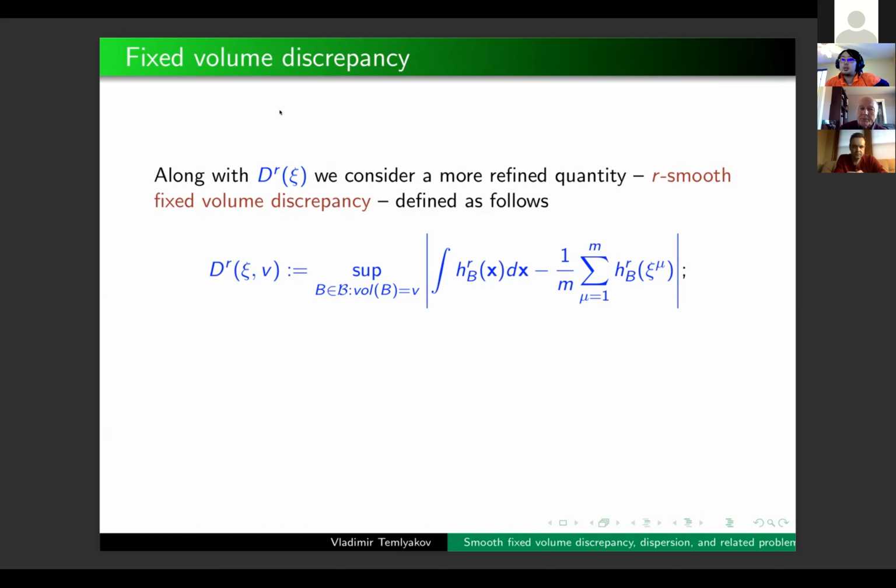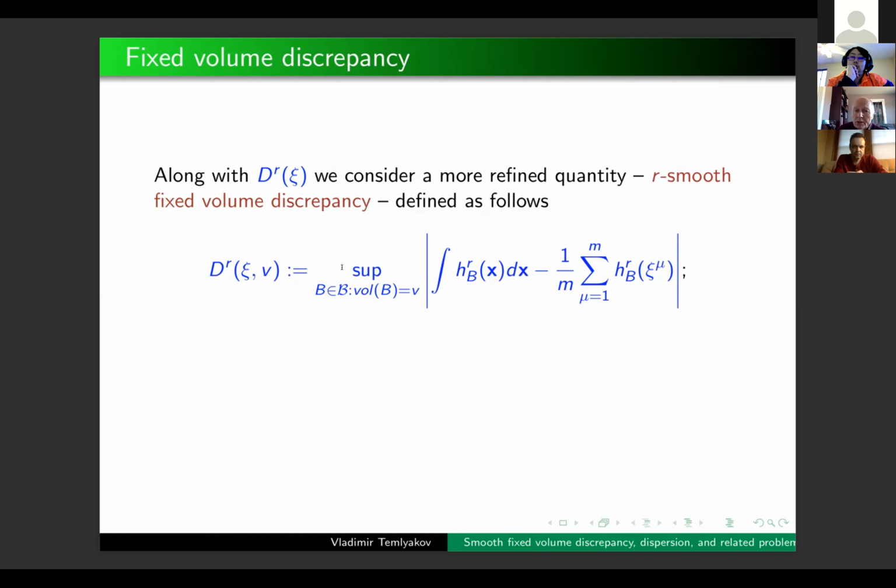But now the next step. Now we will consider, in addition to that R smooth discrepancy, fixing the volume. Why is that? I mean, that was in a sense technical, but it turned out that it is useful in application for dispersion. So what is that? Now we define, and there will be two definitions. This is the non-periodic case and a similar one will be in the periodic case, but here is the idea.